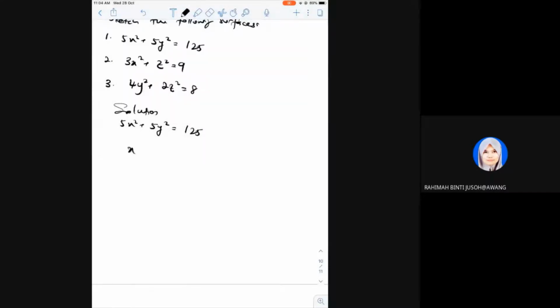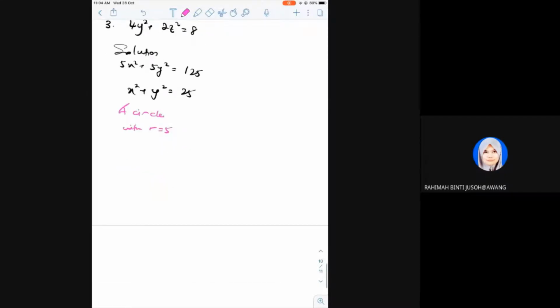So x squared plus y squared equals to 125 divided by 5 is 25, right? So logically, you will have a circle in 2D. This is a circle with radius 5, okay?